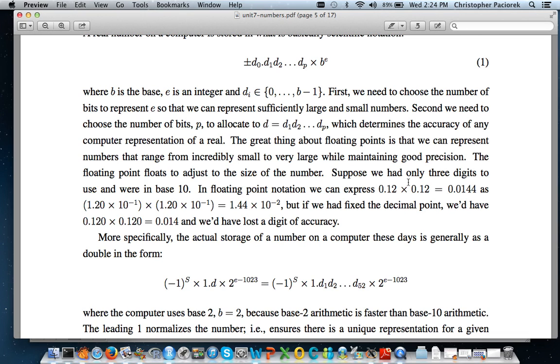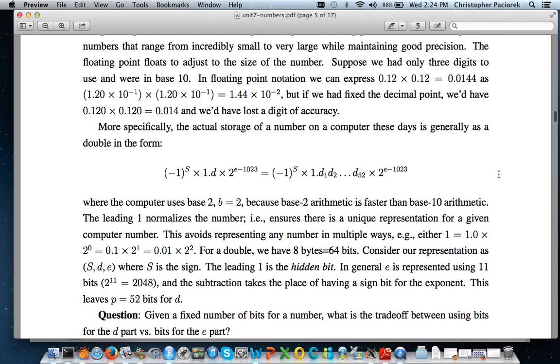So having this floating point allows me to retain accuracy even when I go from working with numbers that are fairly large to working with numbers that are fairly small. That's why when you've heard me talk about floats or doubles, the float comes from floating point, and we're thinking about storing these numbers in this scientific representation where we have a floating decimal point.